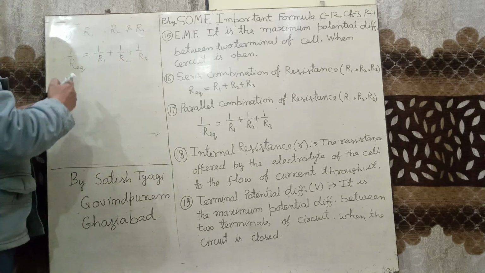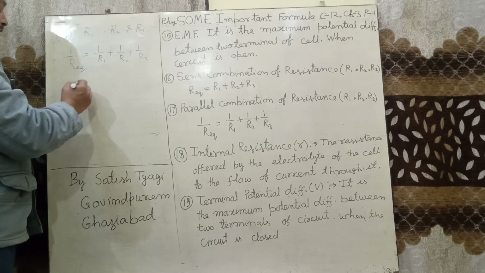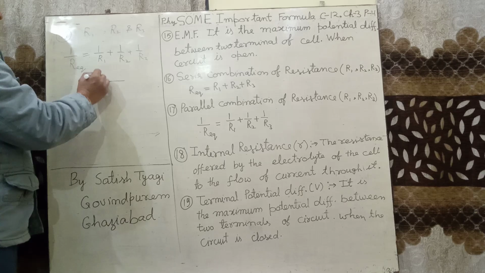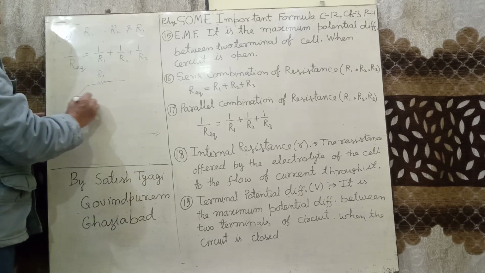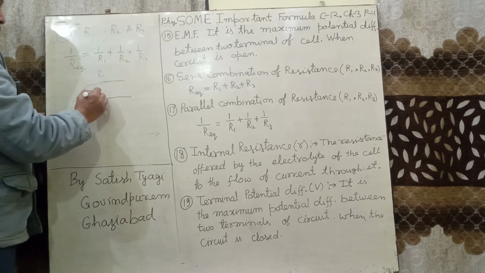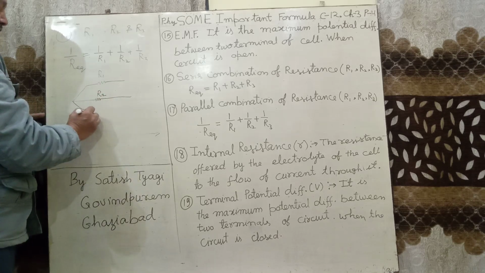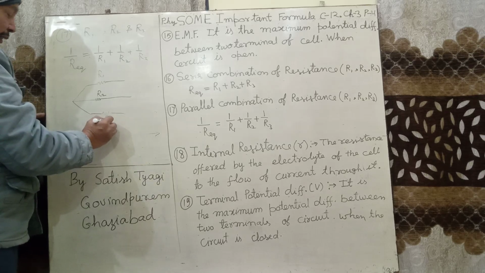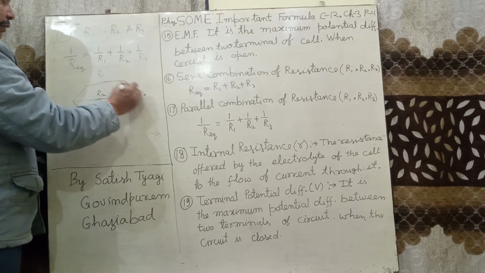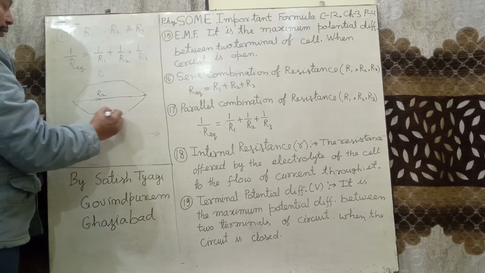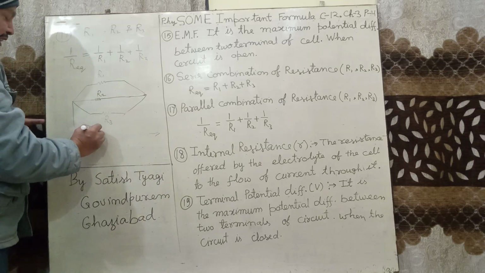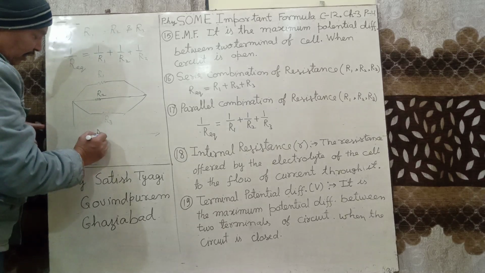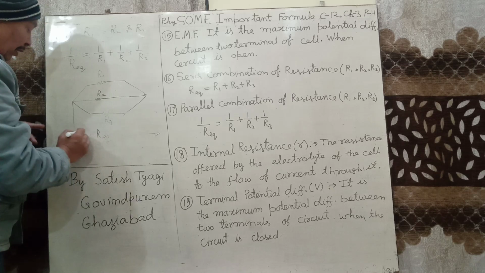In this combination, resistances are connected in this way. Suppose this is resistance R1, this is resistance R2, this is resistance R3. The equivalent resistance R_eq is this.